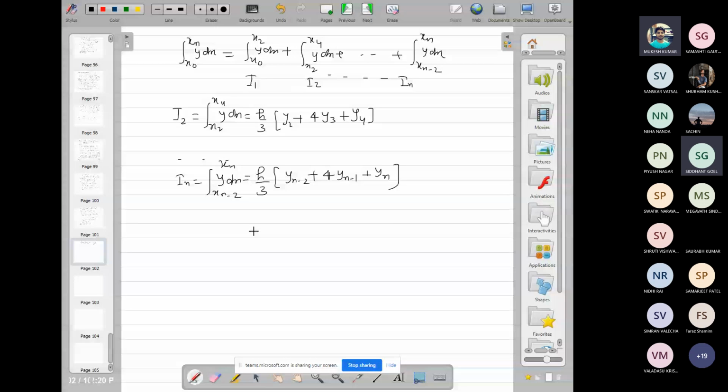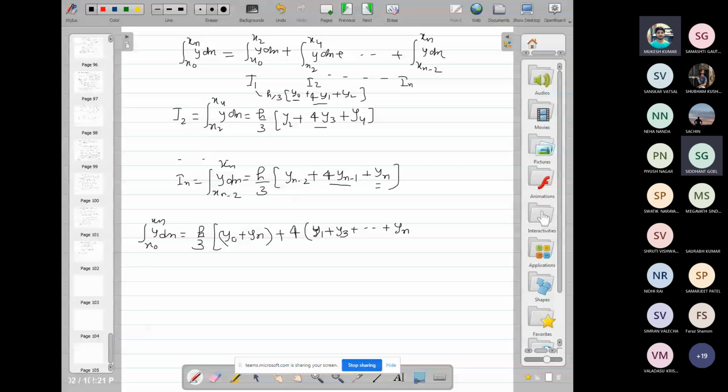So y0 and yn appear only one time, so we can write y0 plus yn here, plus 4 times y1, y3 and yn minus 1, plus, you see, y2, y4 are repeated, so plus 2 times y2 plus y4 and so on up to yn minus 2.